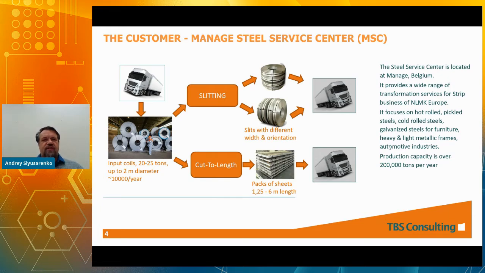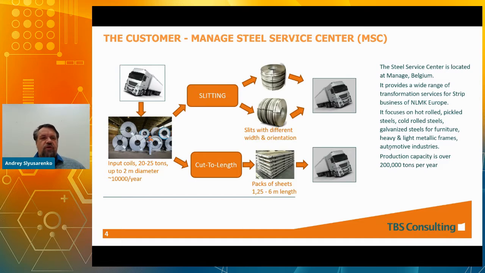So that's the point when the Steel Service Center comes in. It provides specialized cutting of these incoming coils into sizes that are needed by the customers. You can cut the steel coil in two ways. First of all, you can make slitting and produce several coils of lesser widths. And these coils can have a horizontal or vertical orientation for storage and transportation.